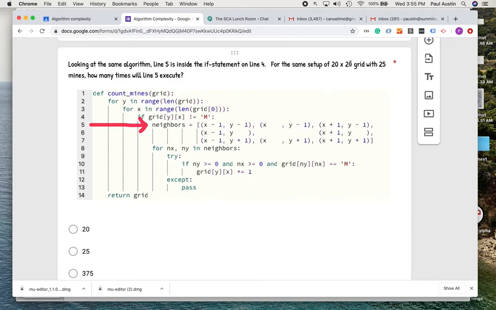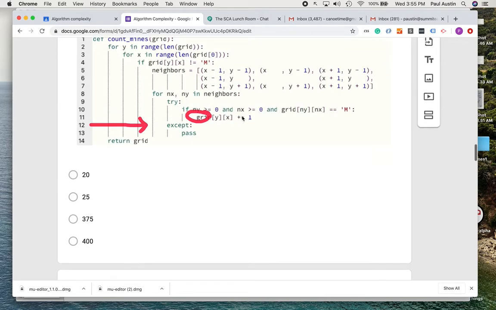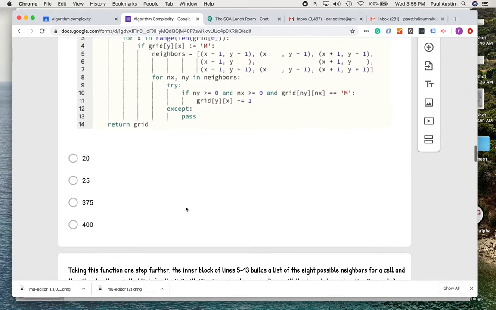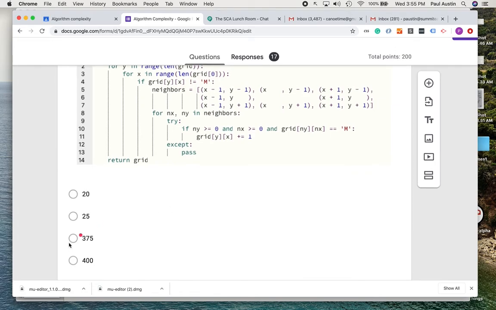So for the same setup, 20 by 20 with 25 mines, how many times will line 5 execute? So the key logic is if grid not equal to M. So how many cells won't have a mine? If it's 400, that means it would be 400 minus the ones that do have mines. So the answer for that one should be 375.